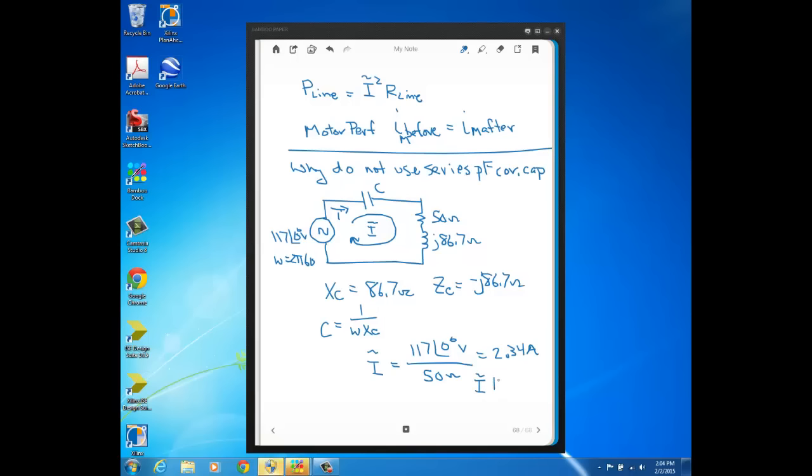It went up by a factor of 2. Well, the power lost in the line would shoot up by a factor of 4, quadruple. So that's why you don't put the correction capacitor in series, because you actually will increase line loss, and the whole main purpose of correcting the power factor is to decrease line loss.